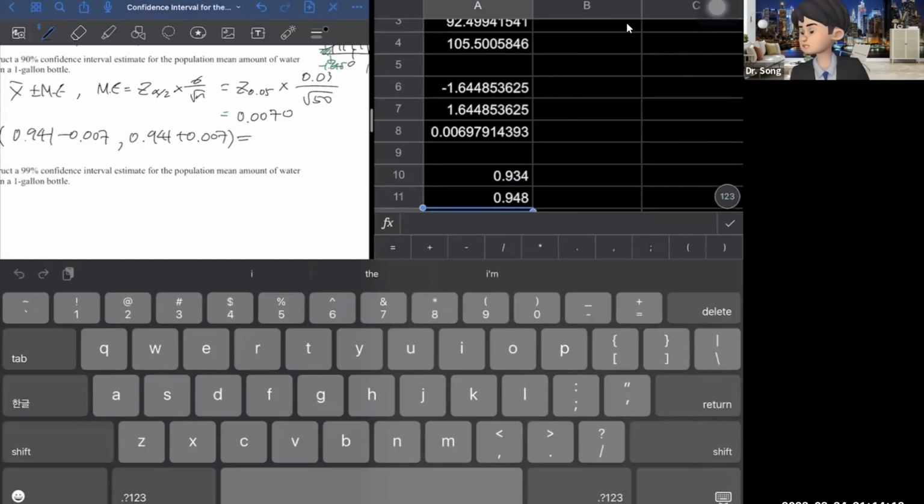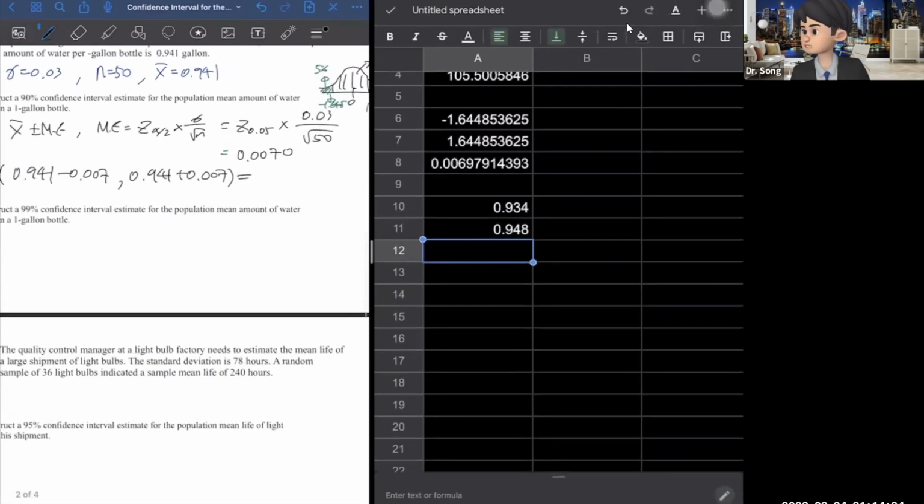Oh, by the way, in general, you better keep the full decimal places, but in the last step, you round it up to 4 decimal places or 3 decimal places based on the question's instruction. Okay? But in this case, I just want to make it simple. That's why I rounded it up in the middle of the process. But in general, you better keep every single decimal, and then in the last step, you round it up to 3 or 4 decimal places based on the question. So here we found the lower bound is 0.934 and the upper bound is 0.948.